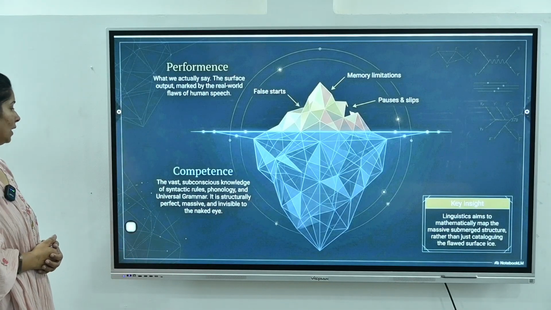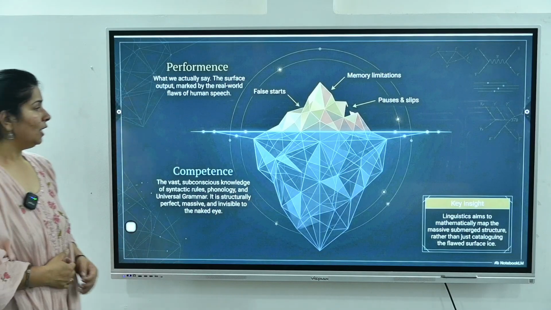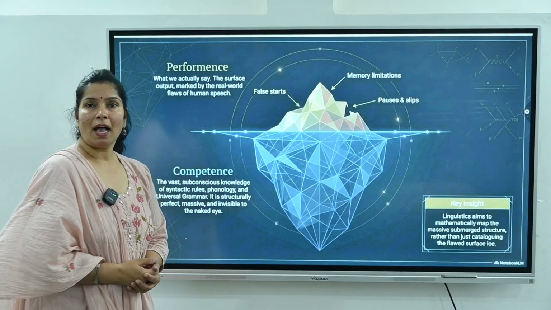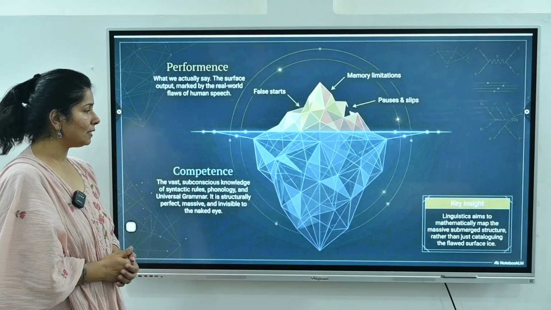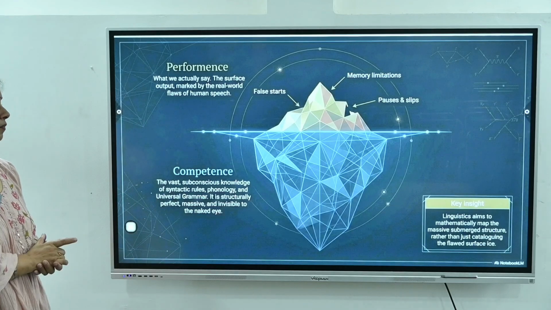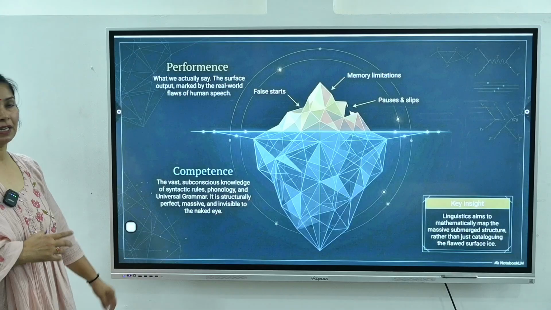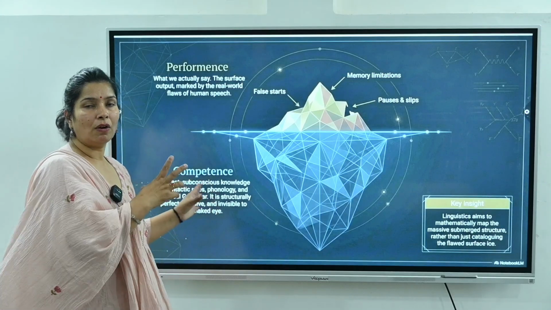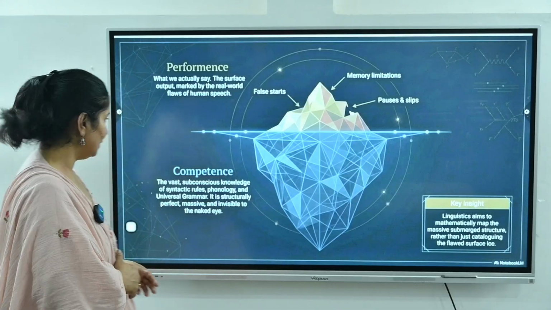It is structurally perfect, massive, and invisible to the naked eye. The key insight is that linguistics aims to mathematically map the massive submerged structure rather than just cataloging the flawed surface. Through this image, we can understand the difference between performance and competence easily and clearly.